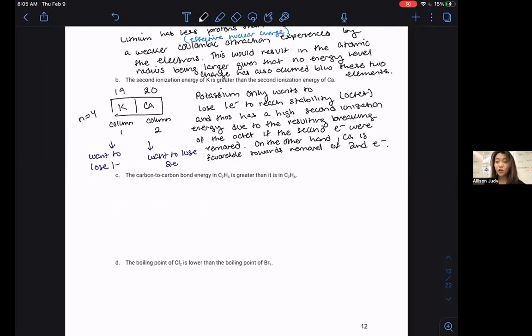We also need to recognize that every time we remove an electron, you get a greater effective nuclear charge, a greater ratio between the proton count and the electron count. So for both, they would demonstrate a slight jump in ionization energy from first to second, simply because you also have a greater effective nuclear charge being experienced.